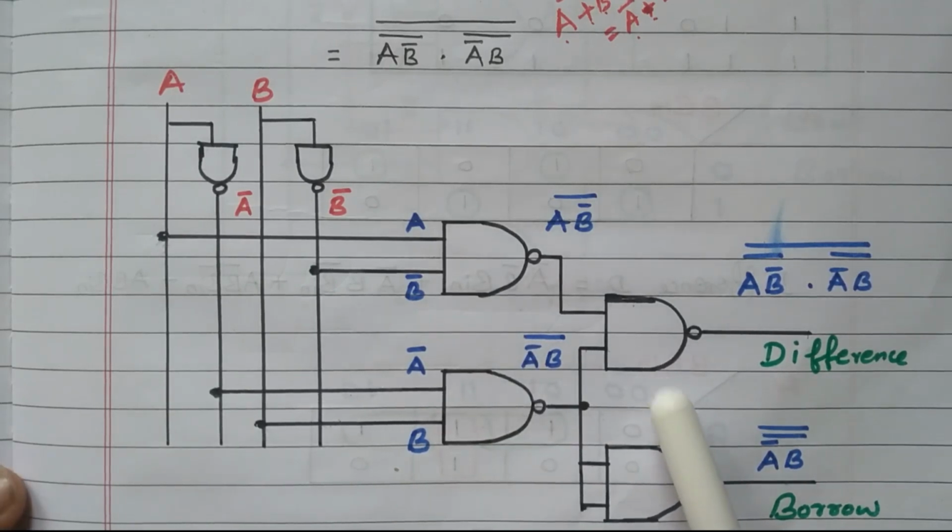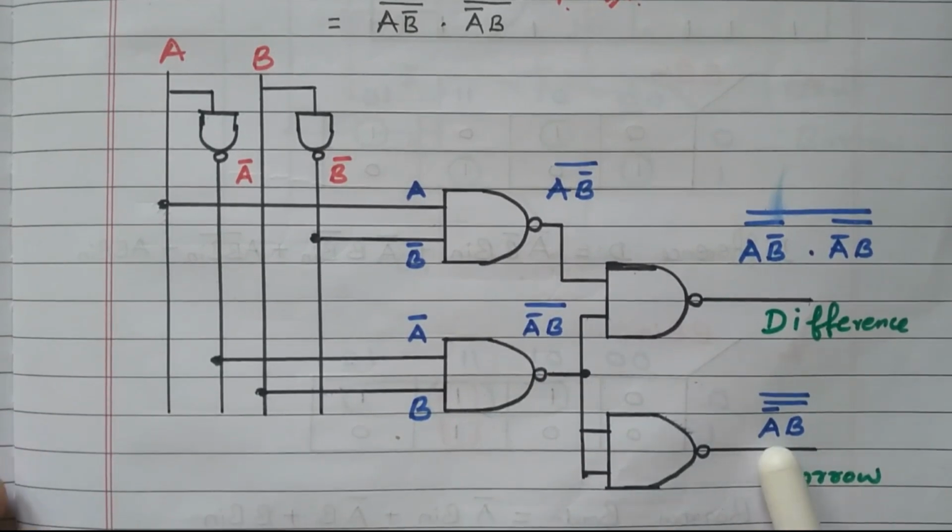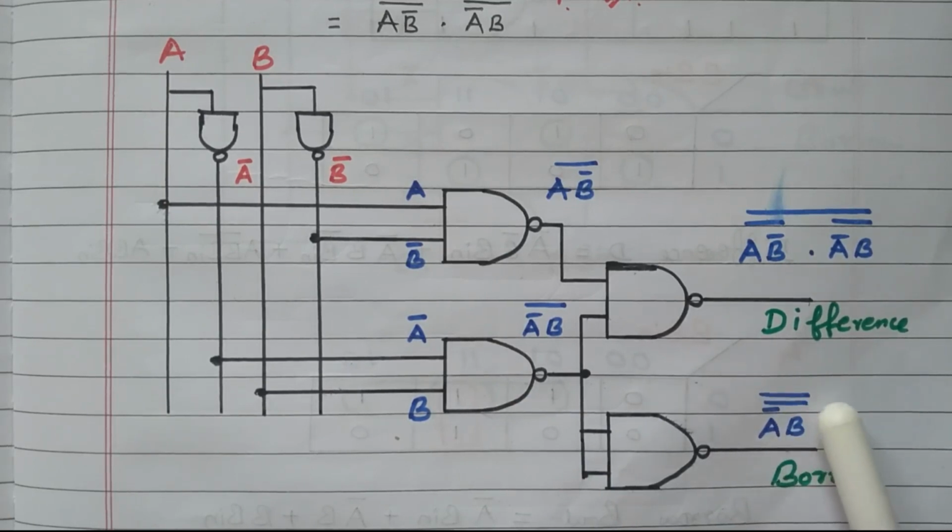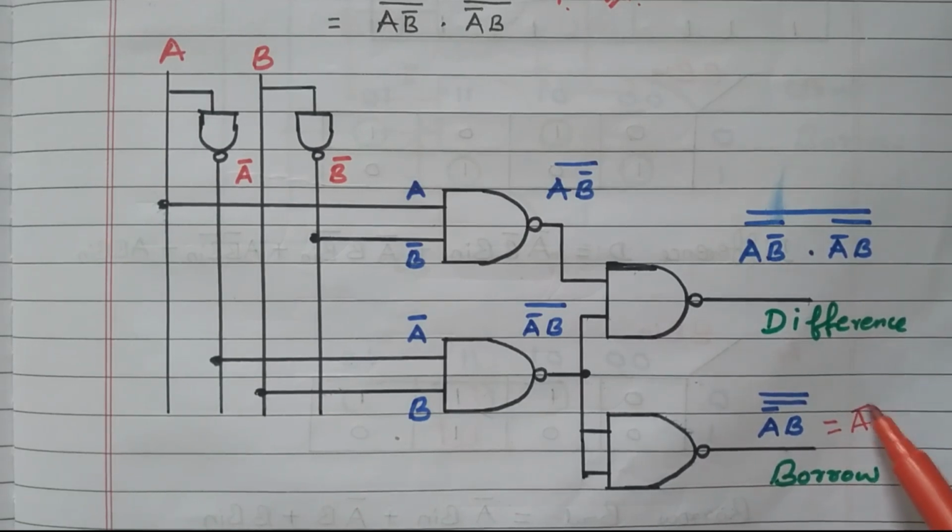What is the expression for difference? A bar B the double bar. Otherwise A bar B is also available, but here everything has a bar, so we are using double bar. When the double bar is cancelled, the final expression will be A bar B only.